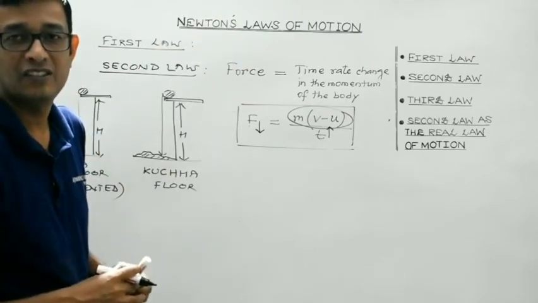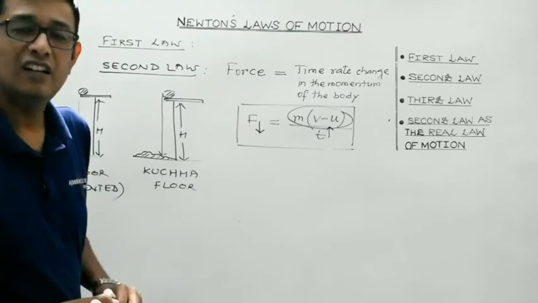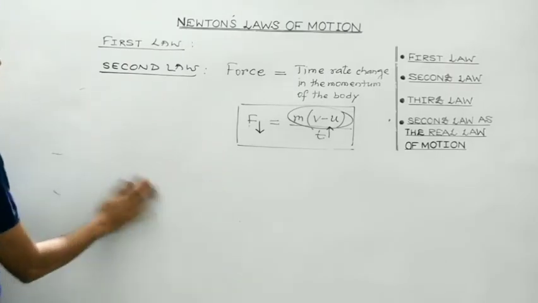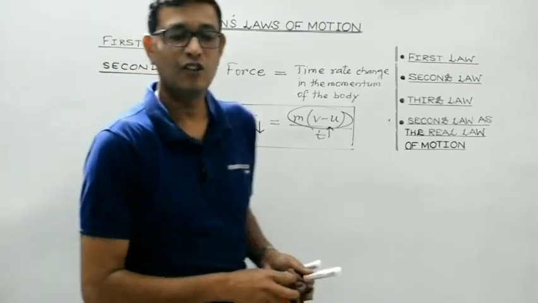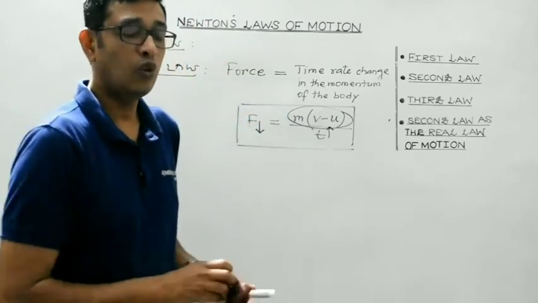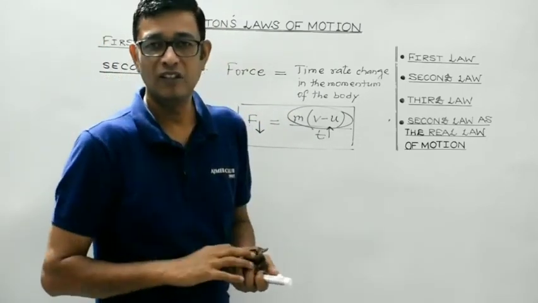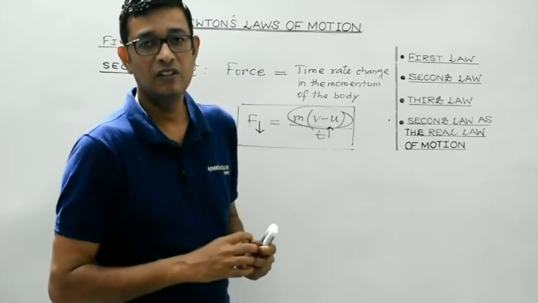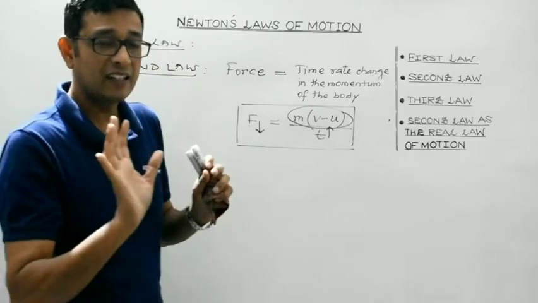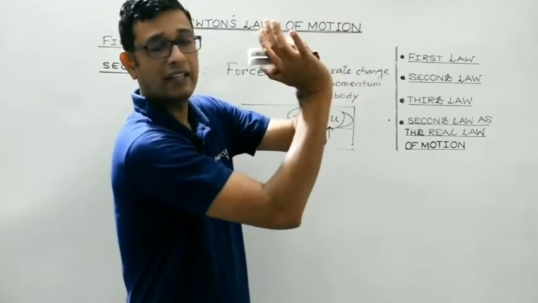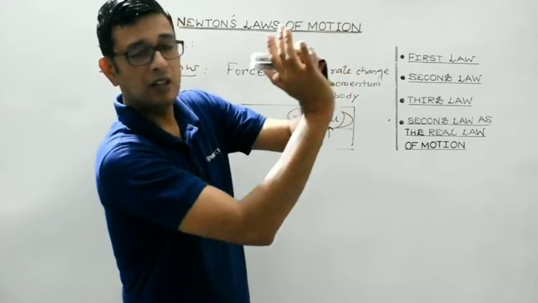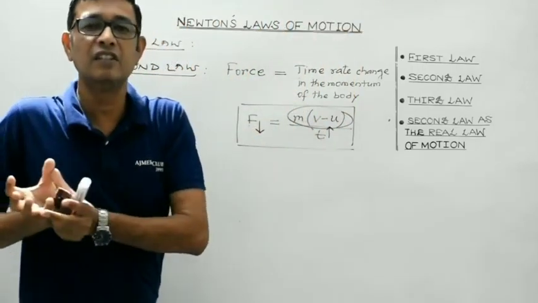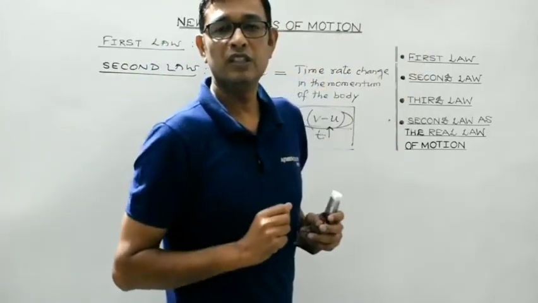Is it clear, students? Let's consider another application, right? You all must be fond of playing cricket or watching cricket. Now, what is the technique of catching a ball? Now, when a fielder tries to catch a ball, the proper technique is to take the ball like this and to pull his hand in the backward direction, not to jump over the ball, isn't it?